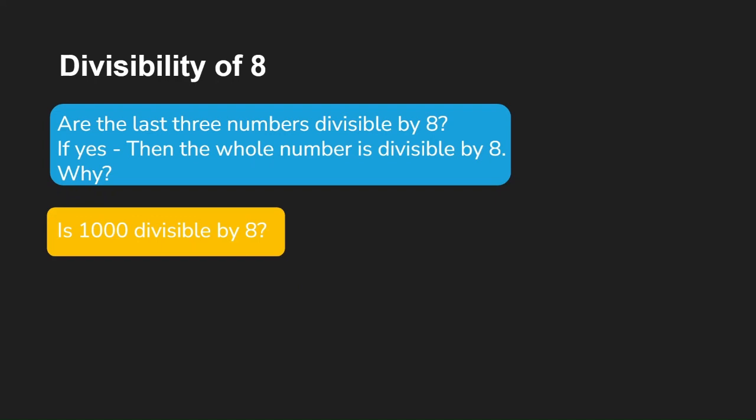Maybe you're really good at math and you figured it out, or you already knew, but yes, 1,000 is divisible by 8. And this is actually essential in understanding why this rule works, right? So 8 can go into 1,000 and not have any remainder. So that means any multiple of 1,000 is also divisible by 8. So let's say 1,000 times 2 is 2,000. That is divisible by 8, right?